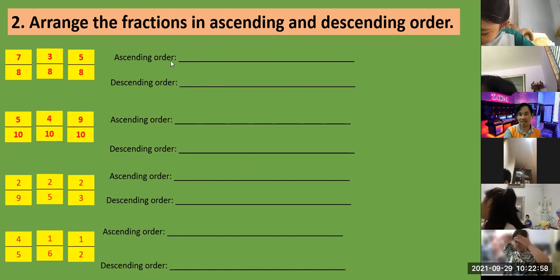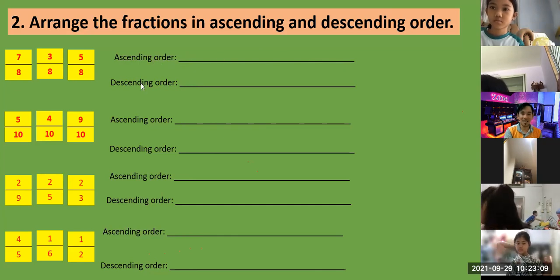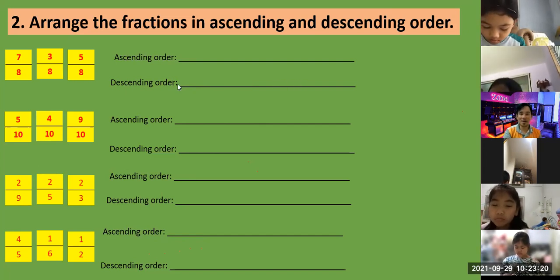That is ascending. Descending. What is descending? Descending, start from the greatest number.